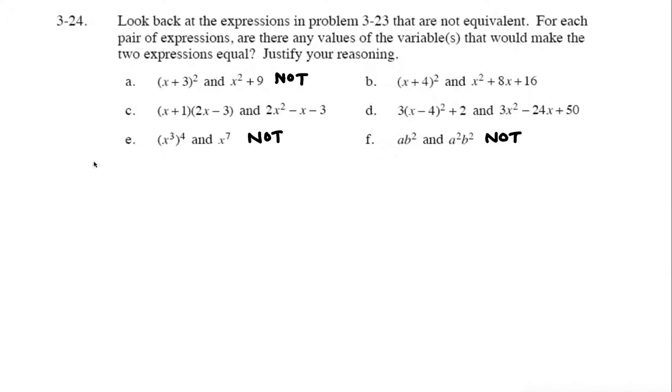When we look at letter A, we're talking about the quantity of x plus 3 squared and x squared plus 9. So what we're trying to do here is think of a value that we could plug in for x that would make these two expressions equal each other. And indeed there is.